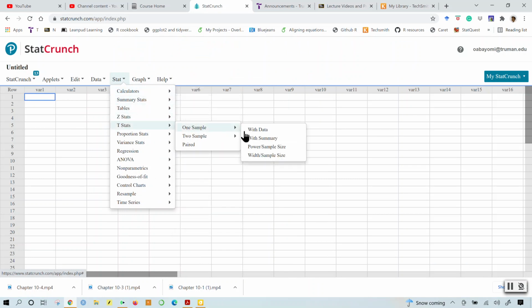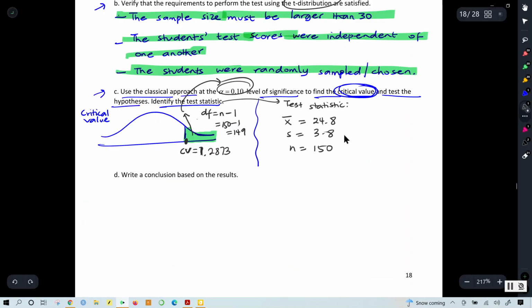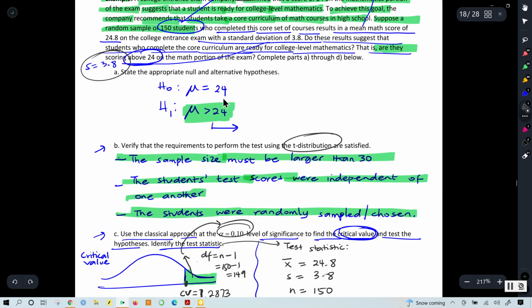So I'm going to go to Stat, T-stats, one sample with summary, and I'm going to key in the sample mean, the sample standard deviation, and the sample size from my working bench, which I got earlier from the question. The next thing I need to note is the hypothesized value of the mean, which is 24, and the alternative is strictly greater than 24.